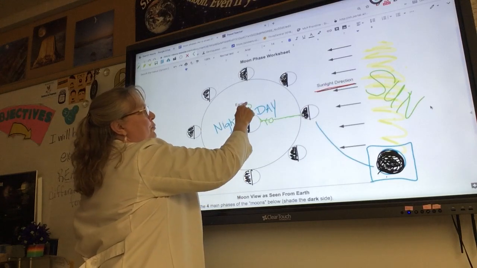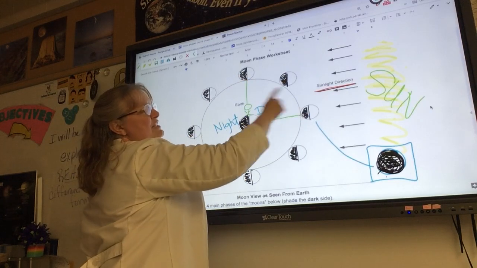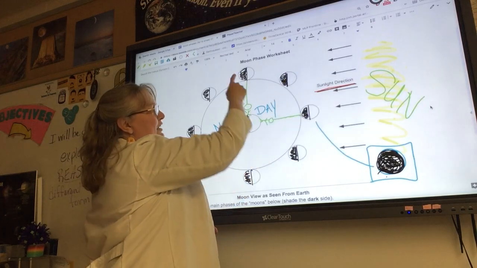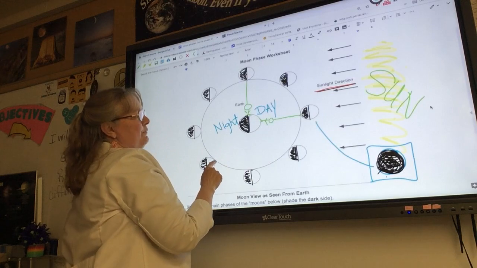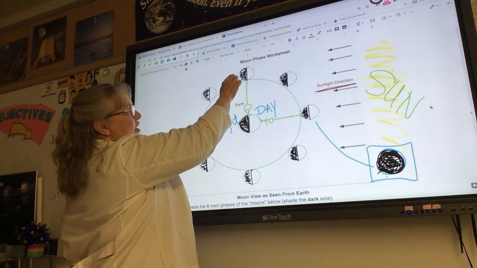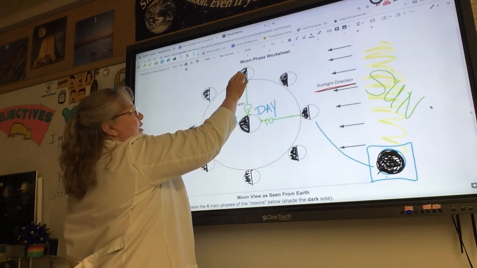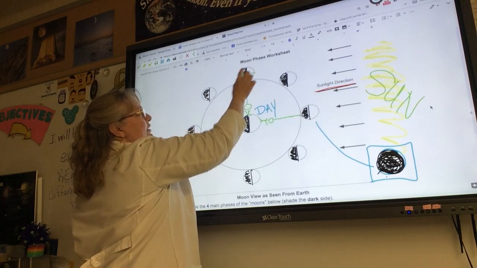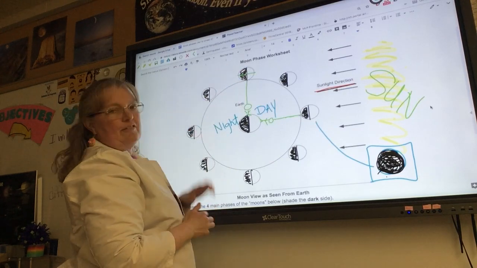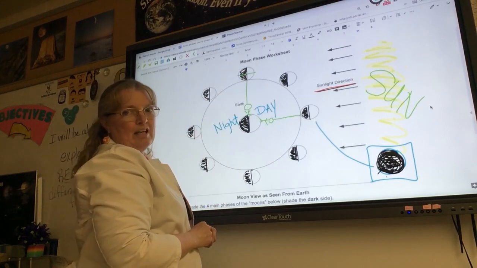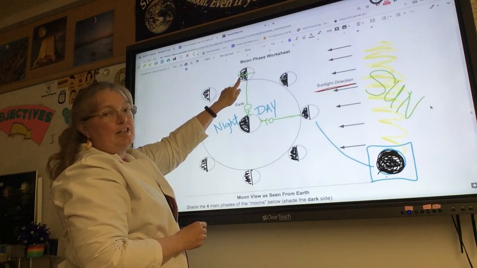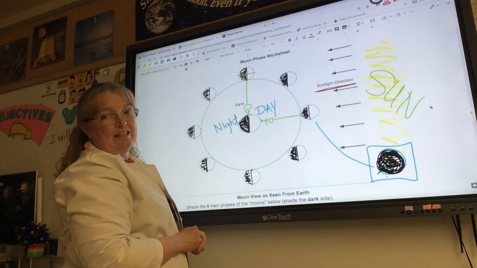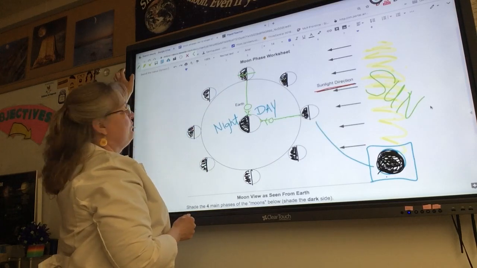All right. So now a time goes by during the month, and this person happens to be looking at the moon when it's in this position between the sun and the Earth. And what they're going to see is the side that's facing them. And I'm going to draw a little line here that says that this is the part that faces the person. Okay? Notice that half of it is in the darkness, half of it is in the light, and that's what they're seeing.